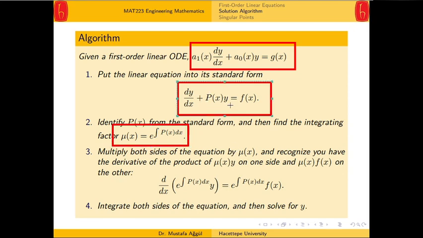You need to be careful here. Sometimes you get confused with the equations and multiply the original equation. No, when you find the integrating factor, it has to be multiplied by the standard form. So this is what you really need to multiply. When you do that, multiplying both sides, you'll see on the left hand side you have d dx, the x derivative of the integrating factor times y.